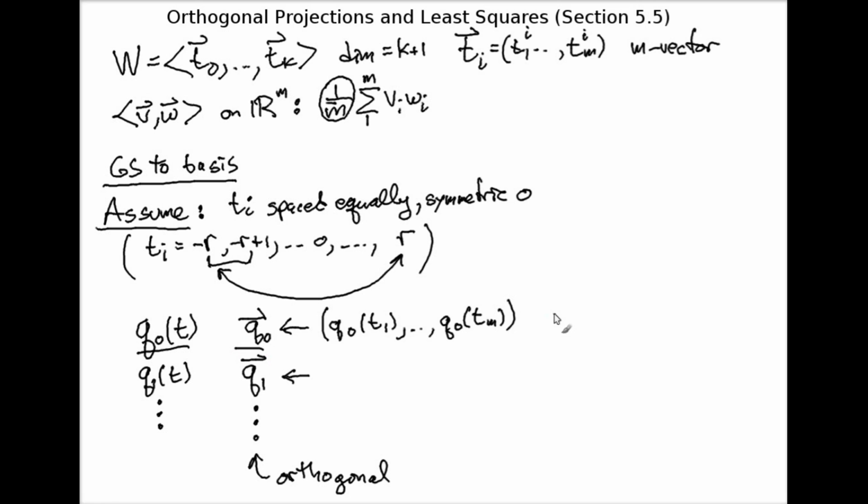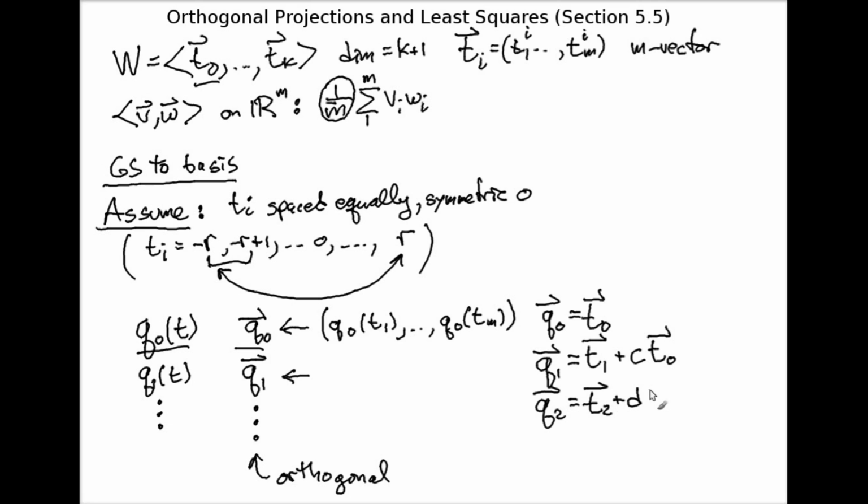So how do we find these guys? Well, q0, I might as well take that to be the original guy, T0. And then q1, of course, is going to be the vector T1 plus some constant times T0, and q2 is going to be T2 plus some constant times T0 plus another constant times T1, and so on, the usual Gram-Schmidt business.